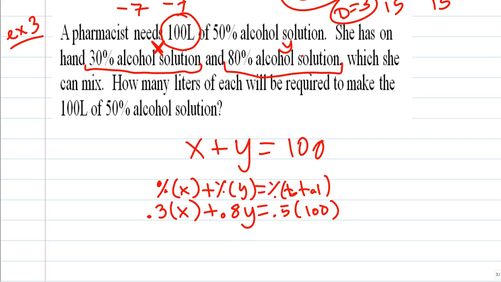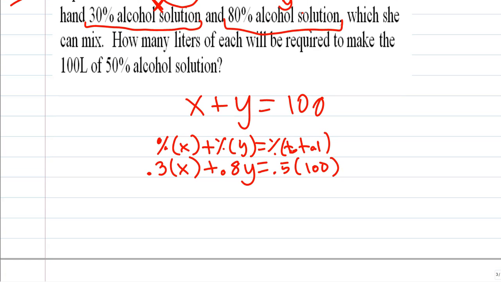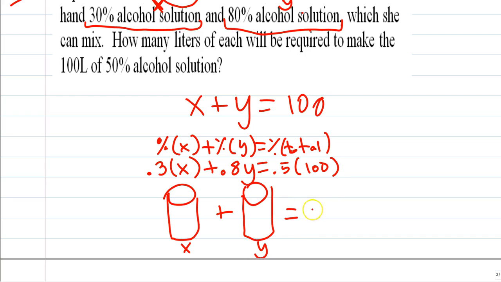There's a way of visualizing this, and I want to take a second and do that. Think of it this way. I'm going to add a barrel or an amount of X, plus I'm going to add a barrel or amount of Y, and that should equal 100 liters, right? What I do when I multiply the percent is I go, well, what is 30% of X?